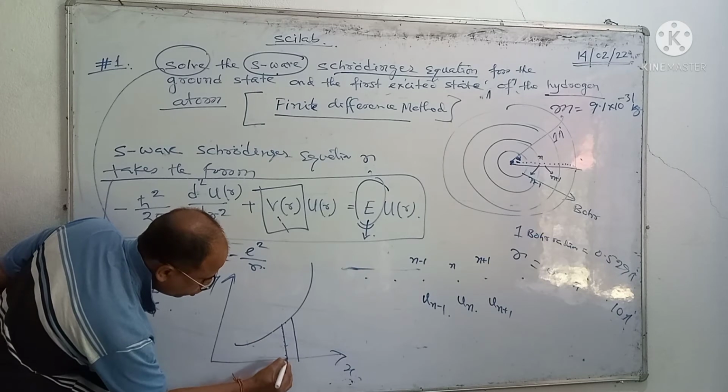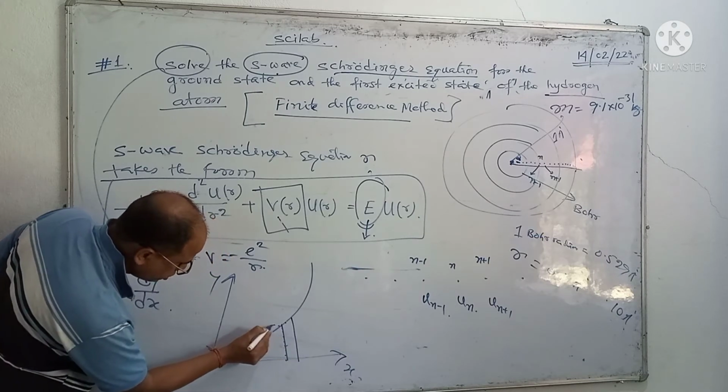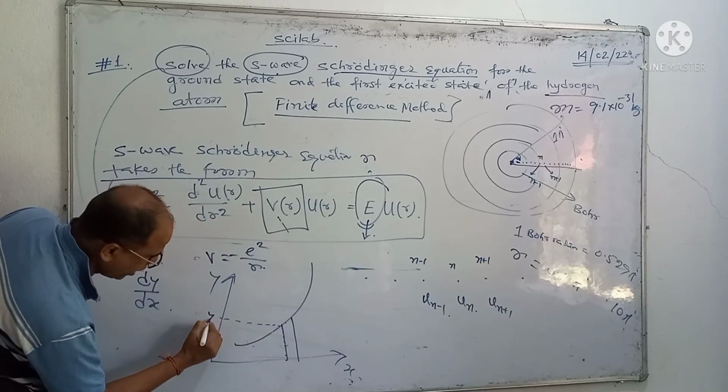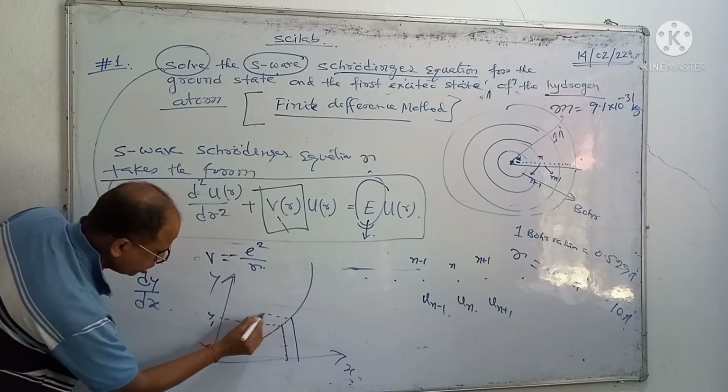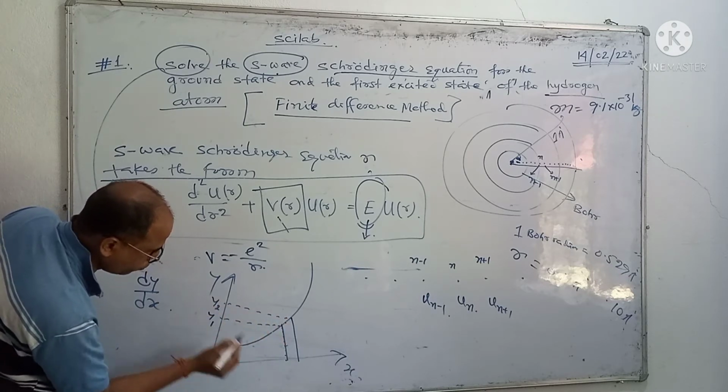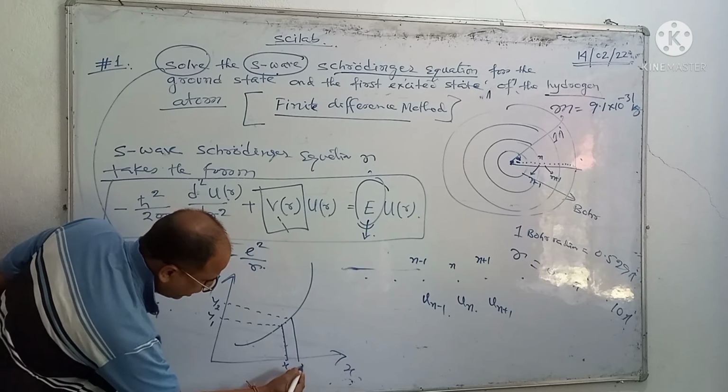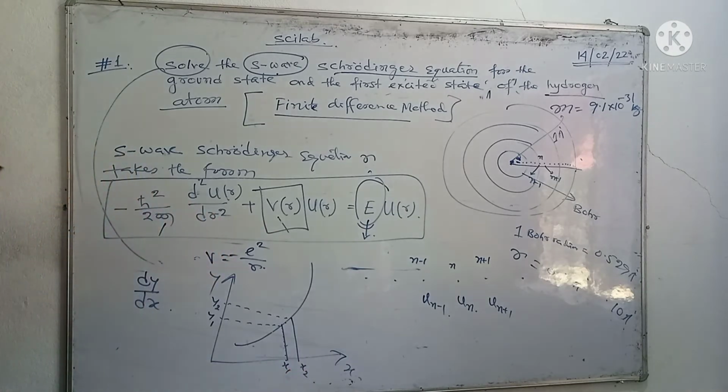You are taking 2 points. This is your y1, this is your y2, this is your x1, this is your x2. Right? Now, what is the dy dx?